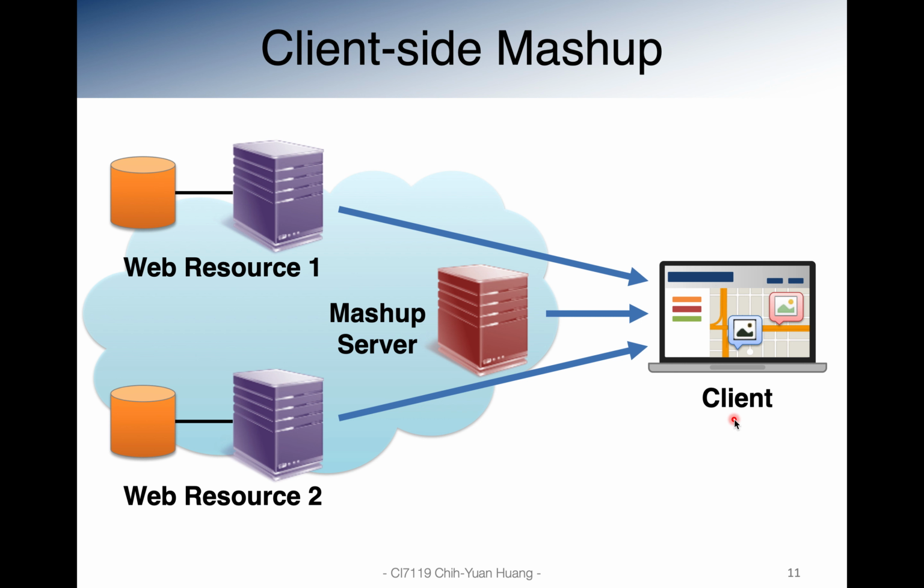There are many things to be discussed in terms of these two types of mashup application. You can also try to remember what we discussed in unit 2, the architecture unit, and that discussion could be helpful for you to think about these two types of architecture.